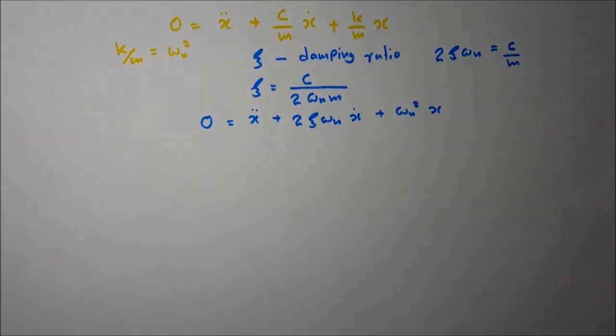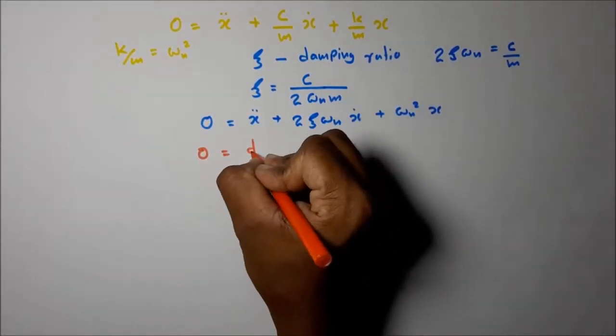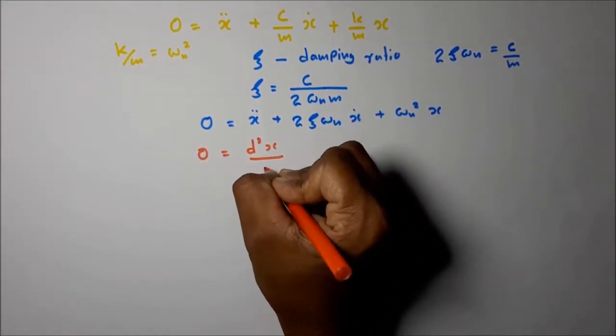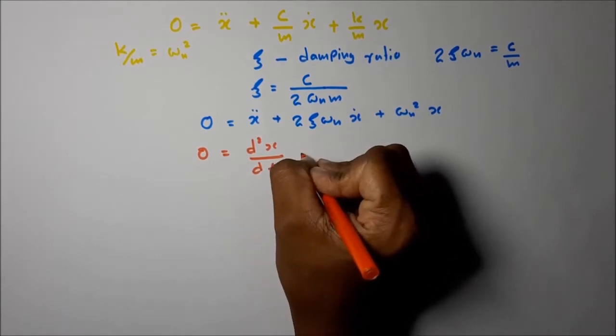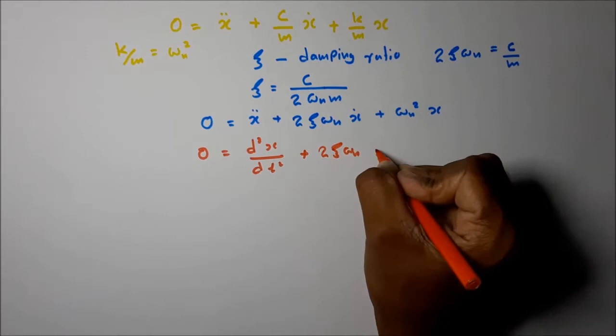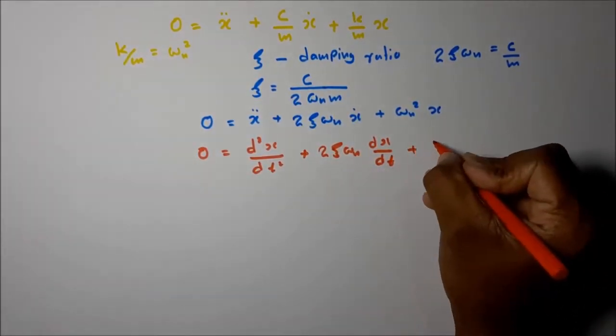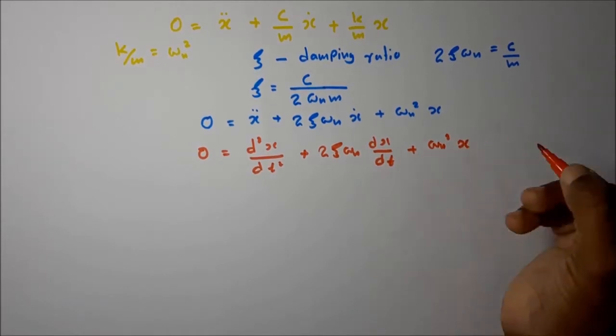I will write it in the well-known format: d2x over dt square plus 2 theta omega n into dx over dt plus omega n square into x.